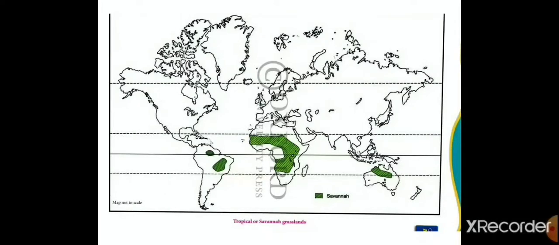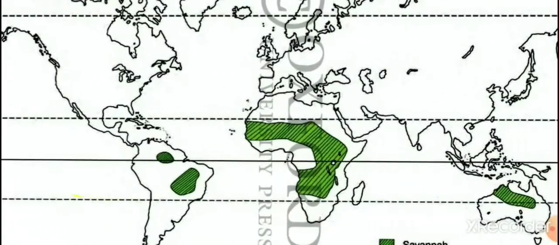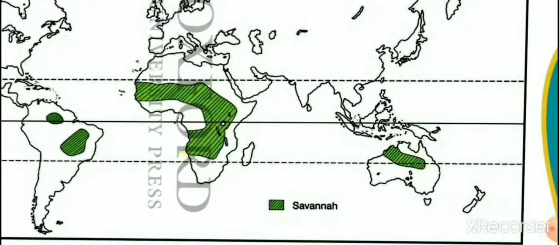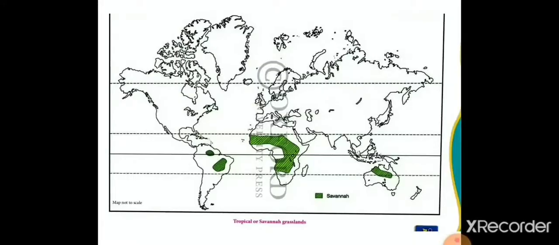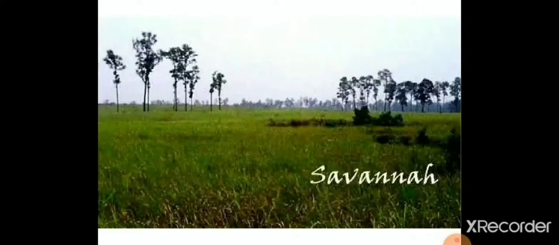You also find these grasslands in South America and in Australia. These regions are also found in Campos and Llanos in South America and bush in Australia. This is the picture of the savanna grassland.